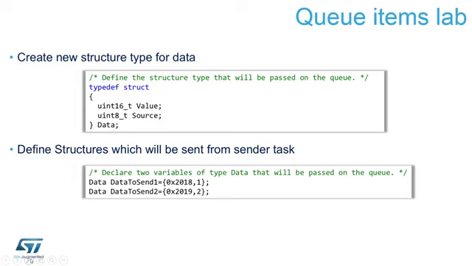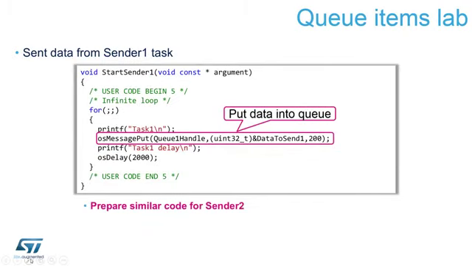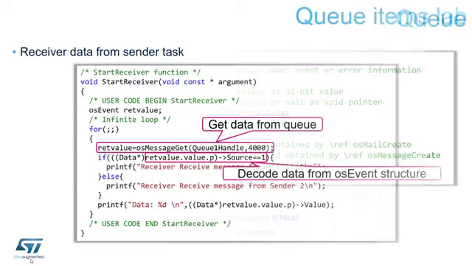Okay, so once we have got our data structure defined, you can see that when sending the data through the queue handle, we can put a pointer to the data that we defined, and by typecasting it to the appropriate data type, we can put these data inside the message. So technically we send a pointer to the global variable.